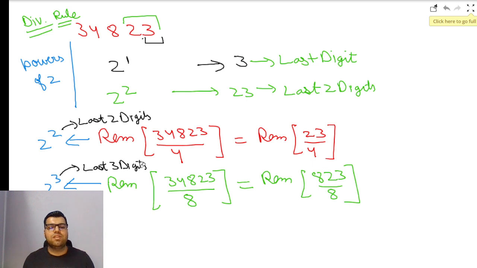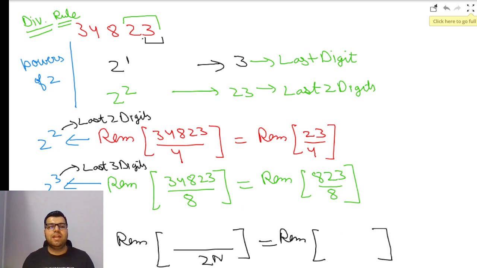So we can extend this rule and say that the remainder of any large number with 2 raised to power n simply means the remainder of the last n digits of that number with 2 raised to power n. So this is the formula that you have to remember.